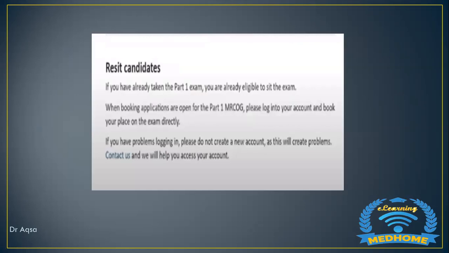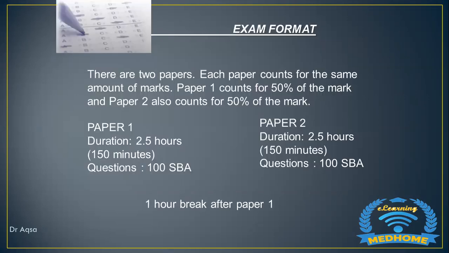And if anyone has appeared for the exam before and is resitting it again, and the eligibility form has already been filled, you just need to go to the website, pay your fee, and your form is ready to be submitted for the next exam. If you have any problems with submitting the form, please do ask us. We are there to help you always.